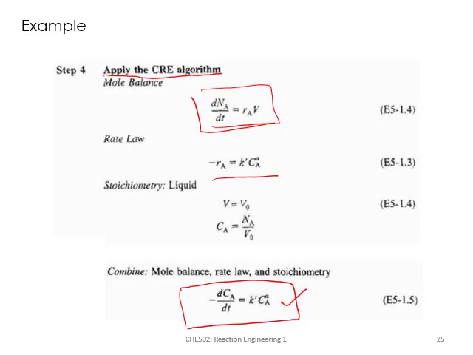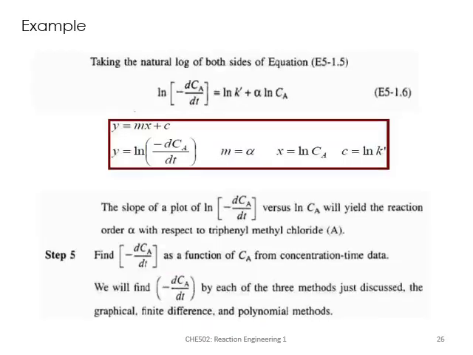I hope you agree. Taking the natural log of both sides, you may then plot the graph. The slope of the plot of ln of negative dCA over dt versus ln CA will yield the reaction order alpha with respect to trimethyl chloride, that is species A.